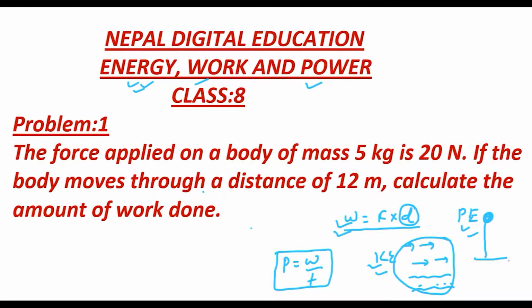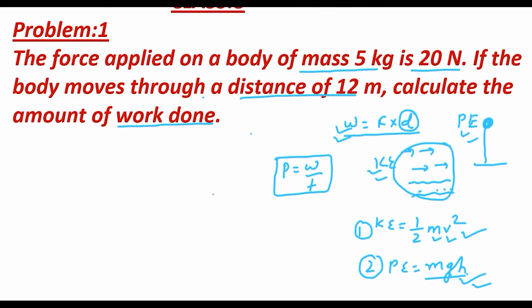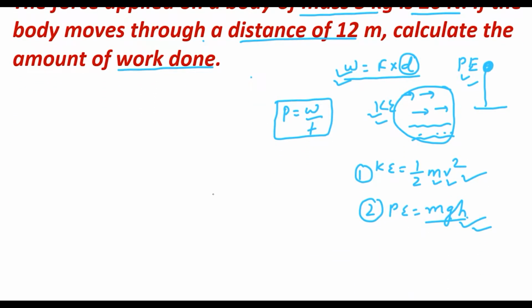Let's move to the problem first. In this problem, the force applied on the body of mass 5 kg is 20 Newton. If the body moves through a distance, calculate the amount of work done. So in this problem, we have to find the work done. Before solving the numerical problem, first step we have to write whatever is given in the question.